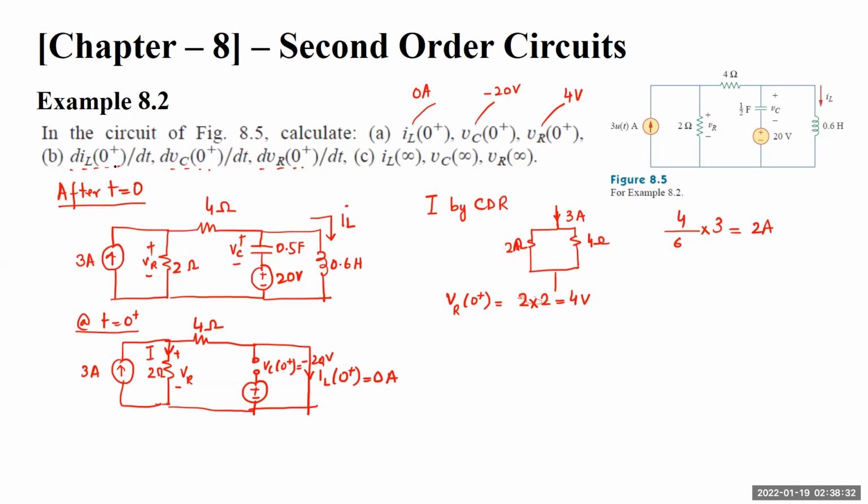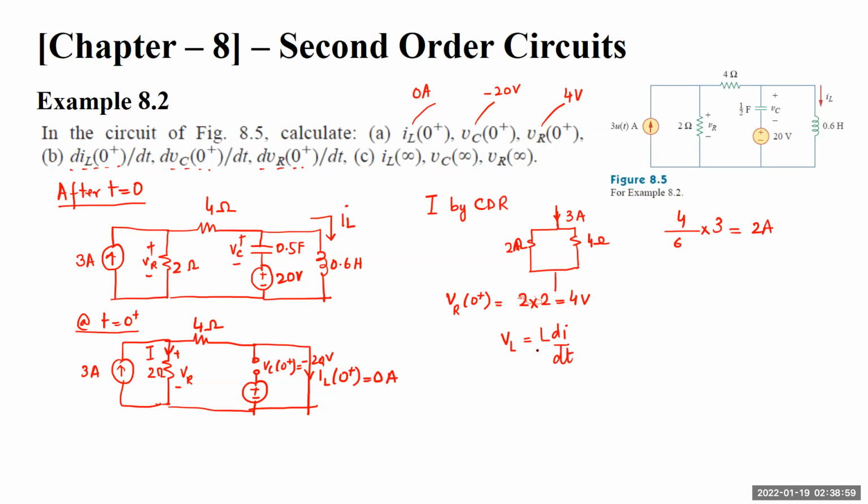So dIL(0⁺)/dt, the rate of change of current across the inductor. Here in this circuit, we know that VL equals L times di/dt.